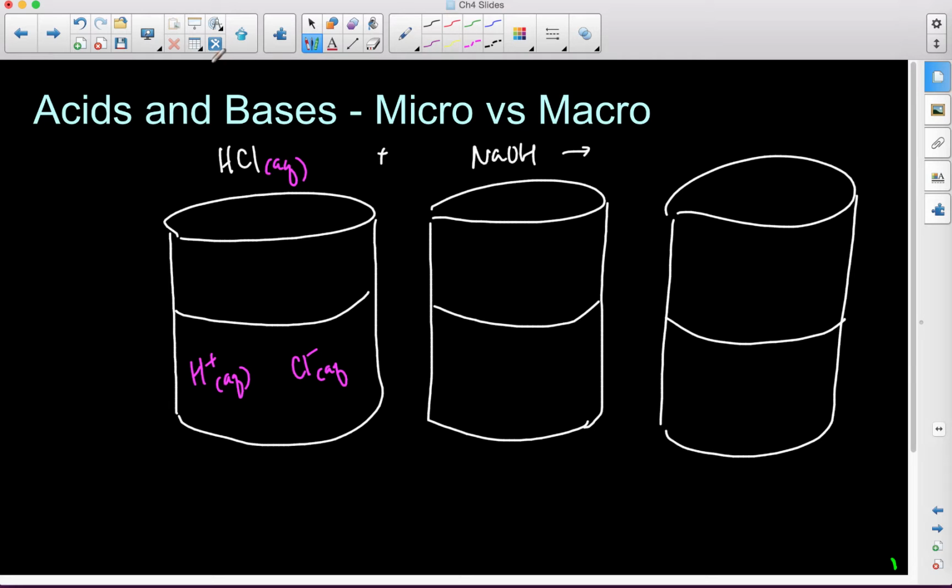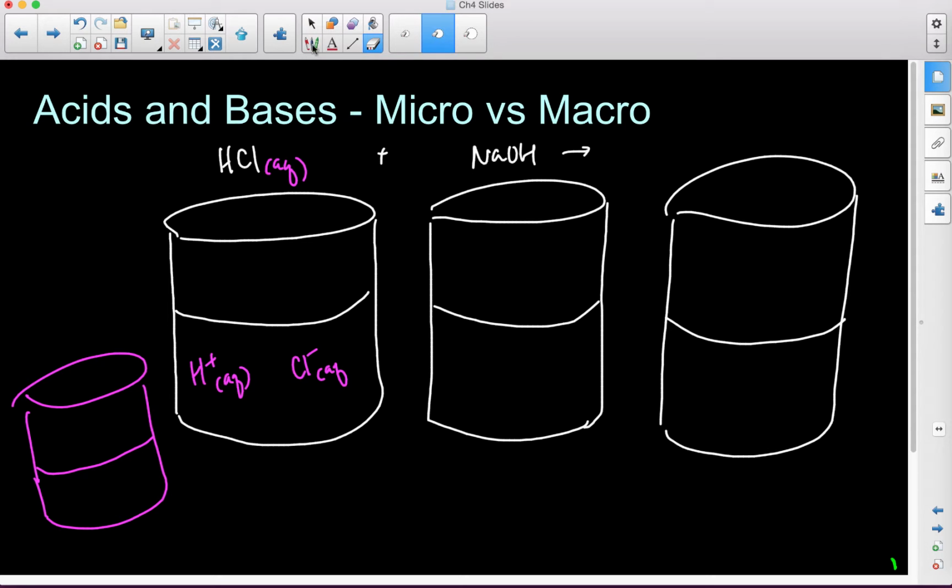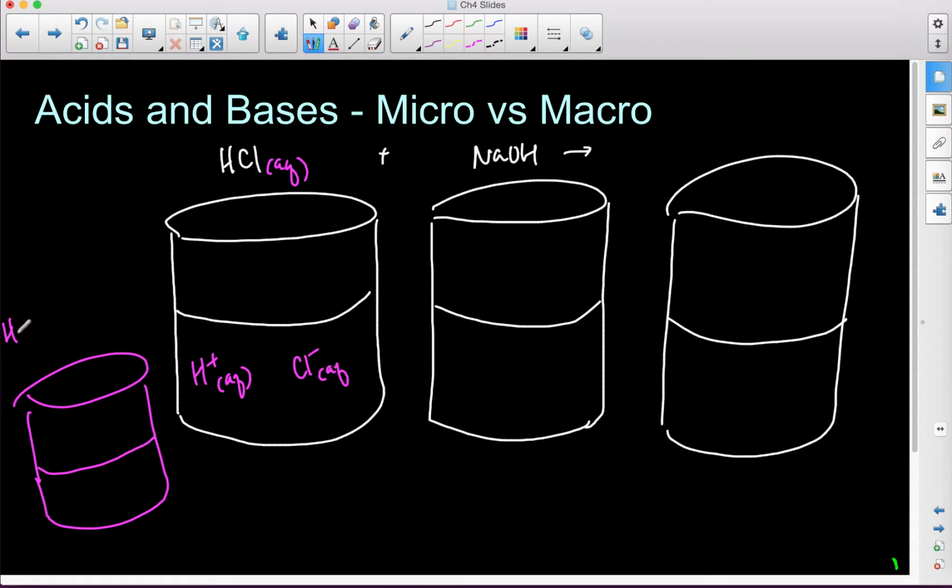Now, point of reference here, right? Let's say we had another beaker over here that we weren't using. And this beaker, let's say, was filled with acetic acid, which we're going to write as HC2H3O2 for now.